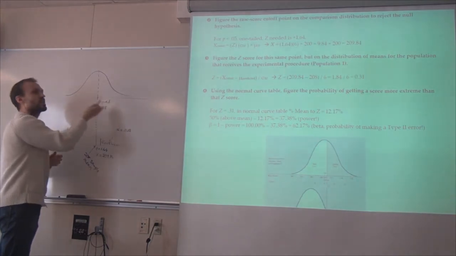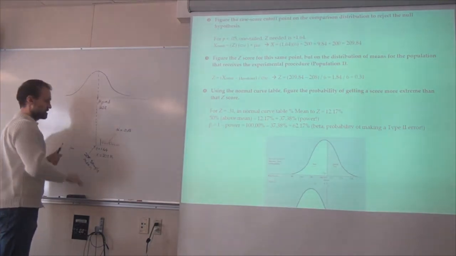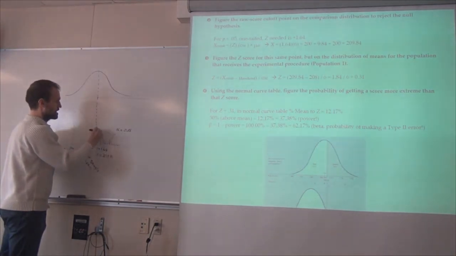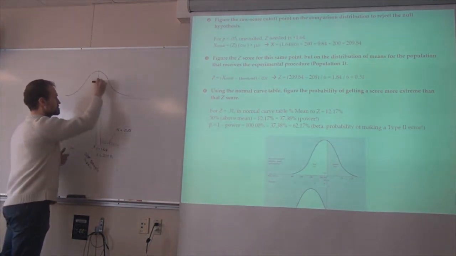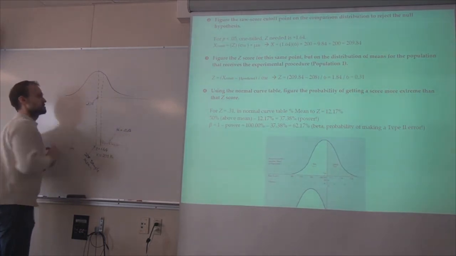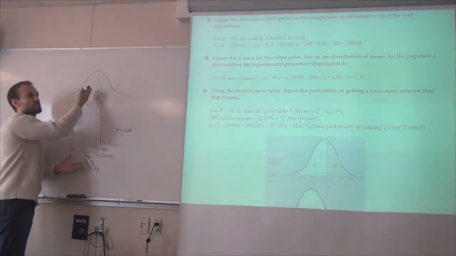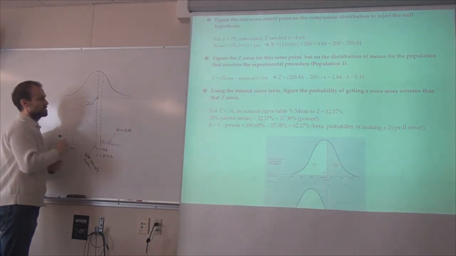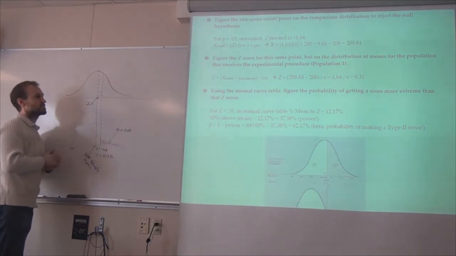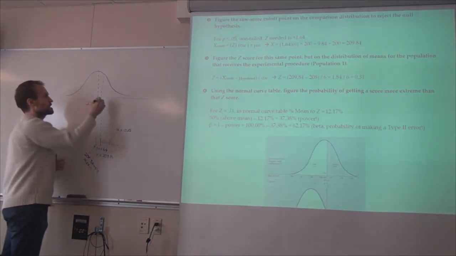How far away from this mean is it? So let me just shift this so I can extend my line here. That is 208, the sample mean that I'm using as the best prediction I have for the changed mean for my new population.